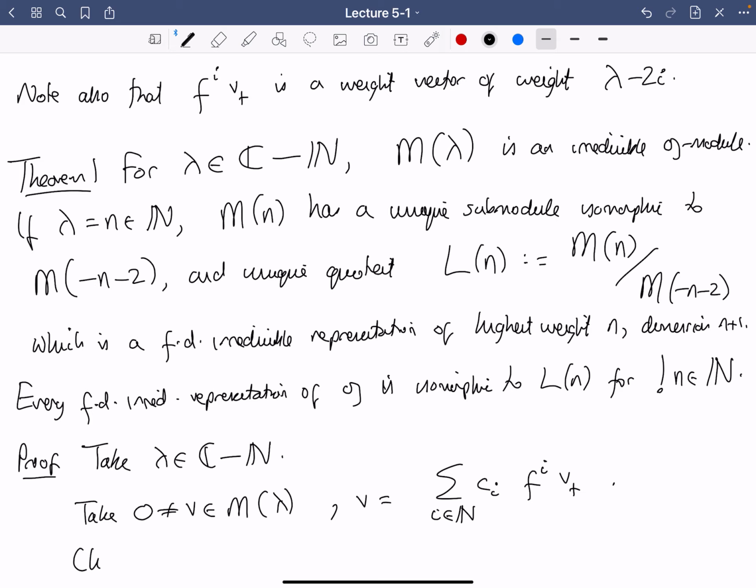And if you choose the biggest i so that c_i is non-zero, it's just a sum, right? So it's got finite support. And then you look at e to the i v, so let's see how to do that.